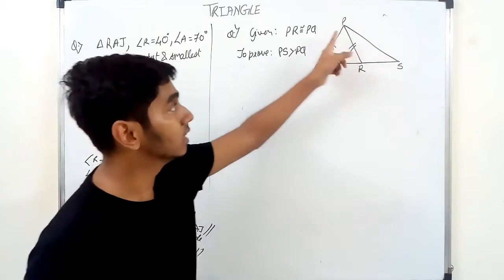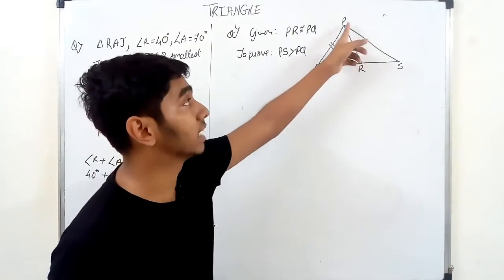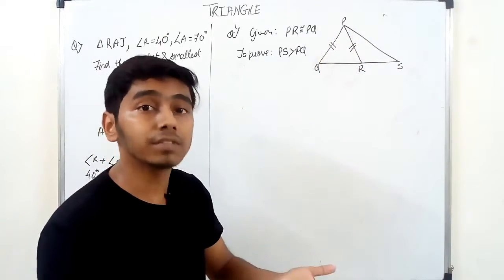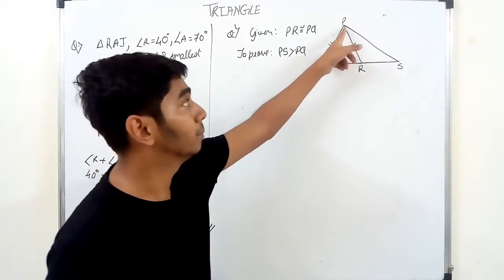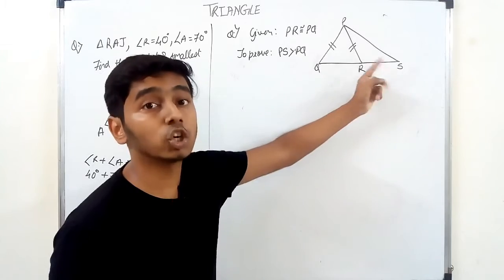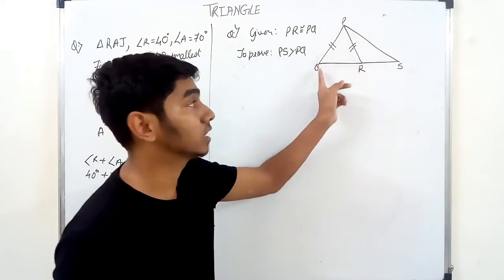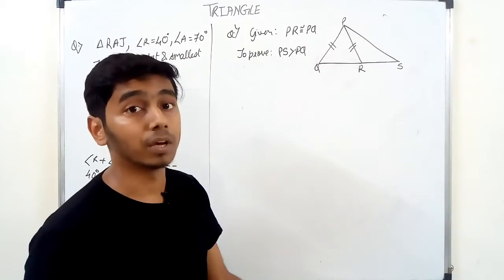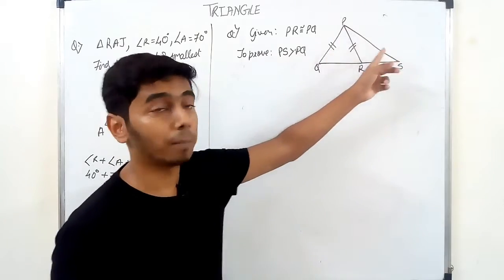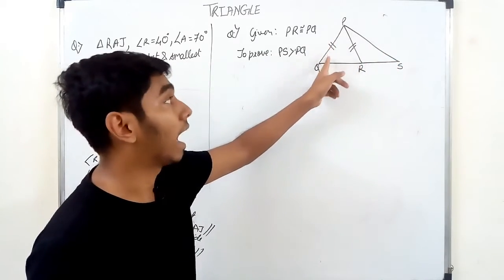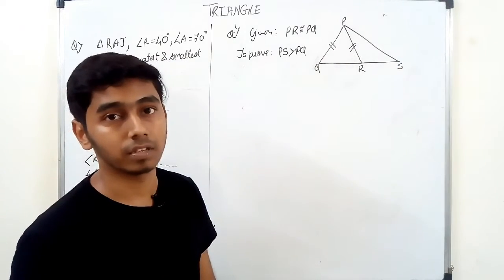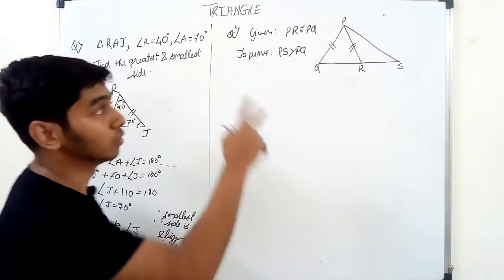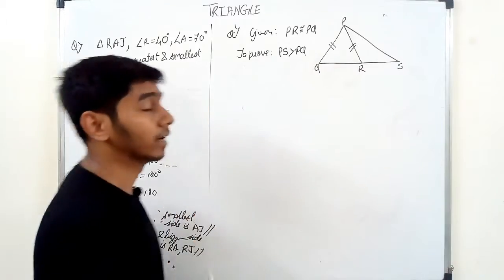If PS is to be proved greater than PQ, that means we have to prove that angle PQS should be greater than PSQ. Yes or no? Because the side opposite to the greater angle is greater. That's why we'll use that property and try to solve it.